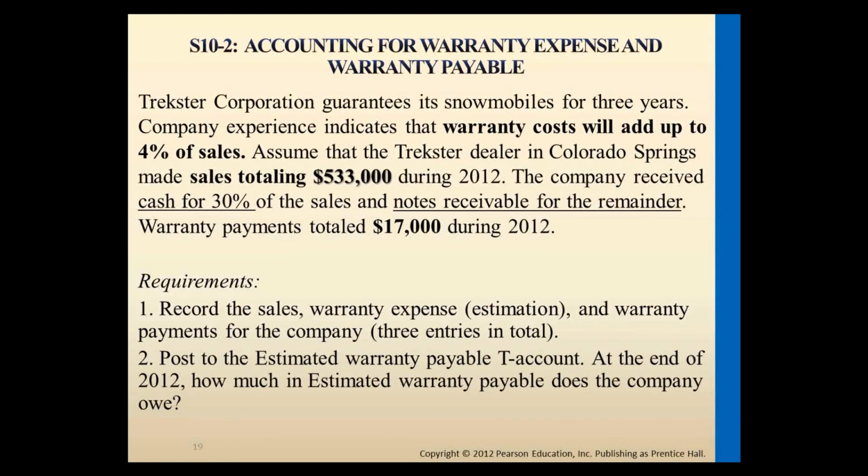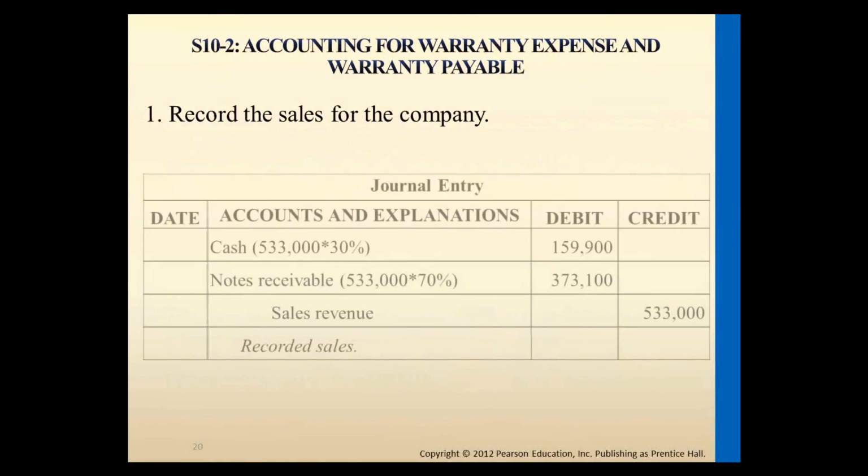Okay, how do we journalize sales? What do we debit and credit? Debit cash, what else? Sales revenue, and also notes receivable, right? Because we're not collecting all of it by cash or all of it by notes receivable, but 30% by cash, 70% by notes receivable.